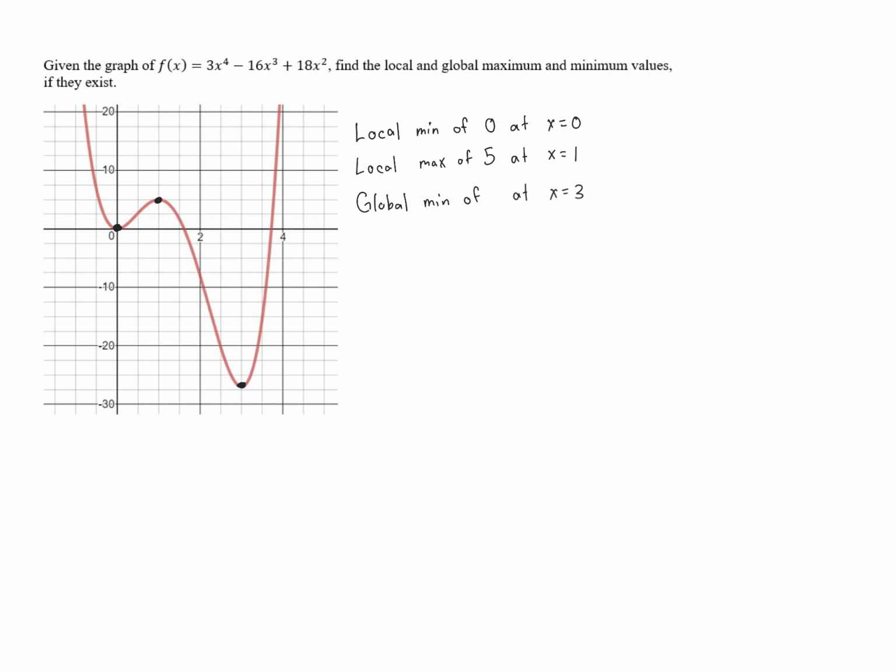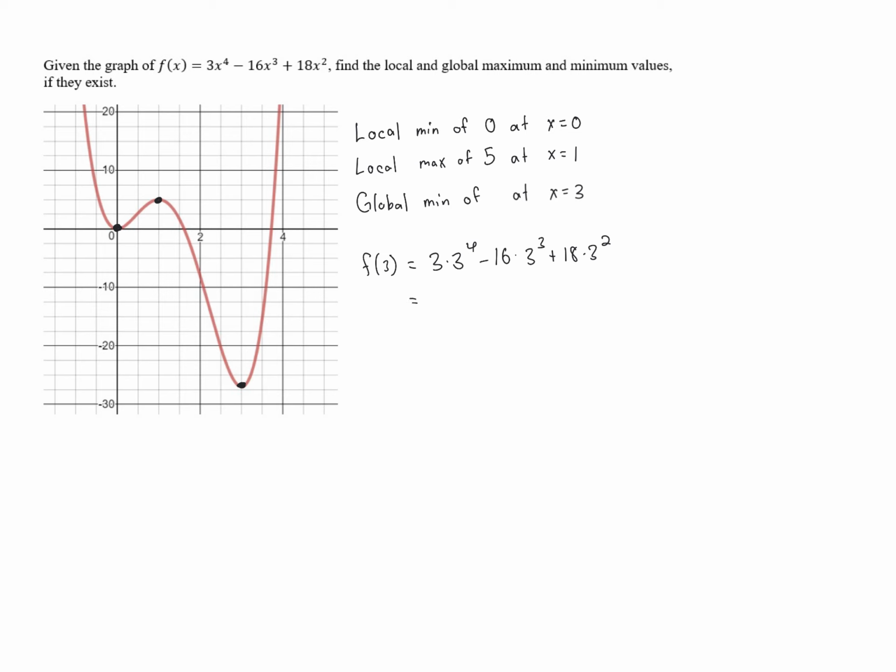So what I want to do is plug 3 into the function and figure that out. If we want to evaluate f(3), that's going to be 3 times 3 to the fourth minus 16 times 3 cubed plus 18 times 3 squared.